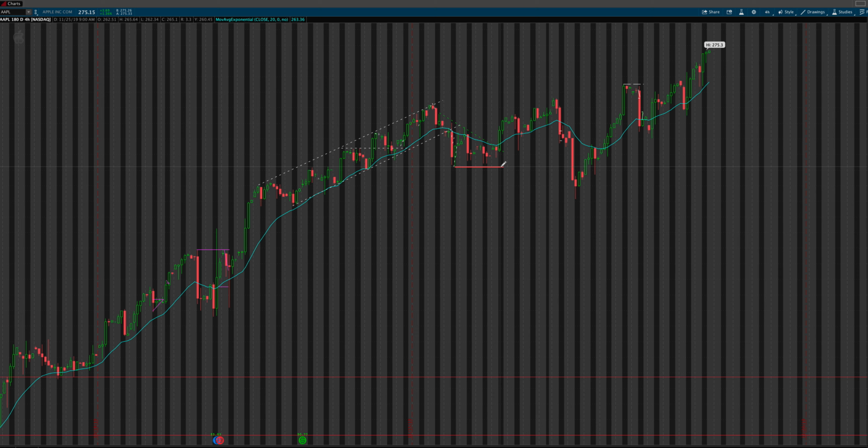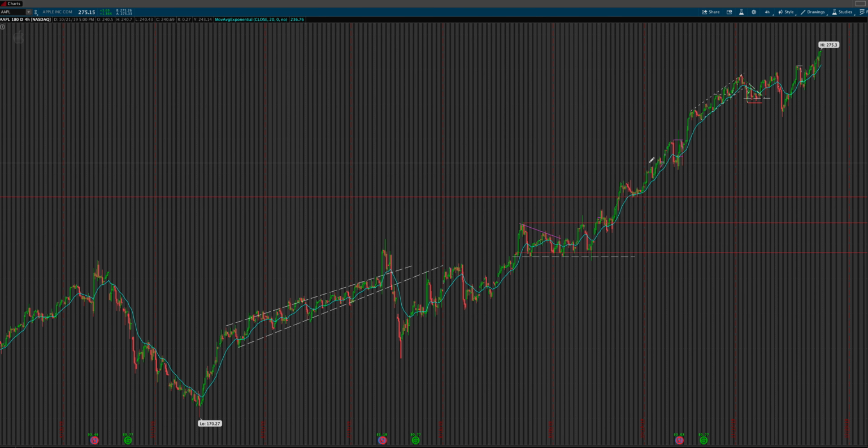It had trouble getting under this support area, this area right here, and ended up flagging, creating lower highs.